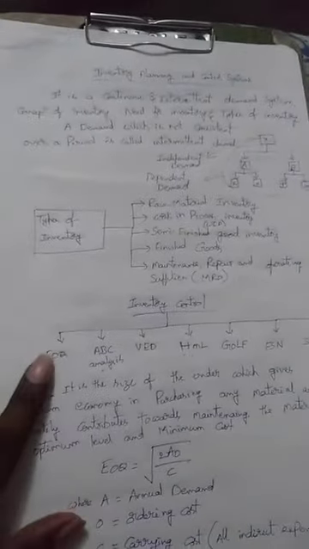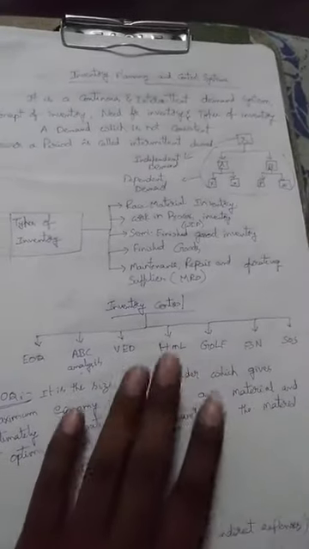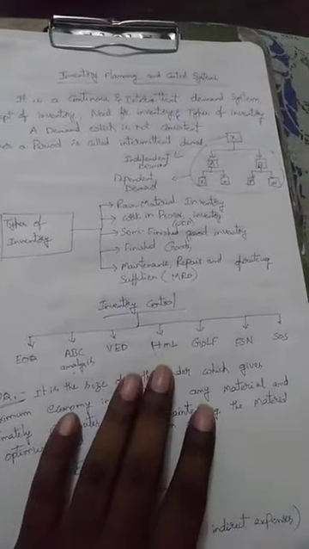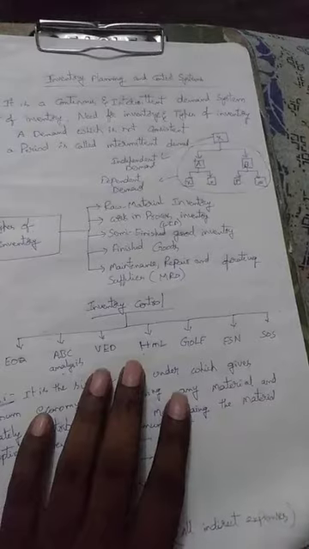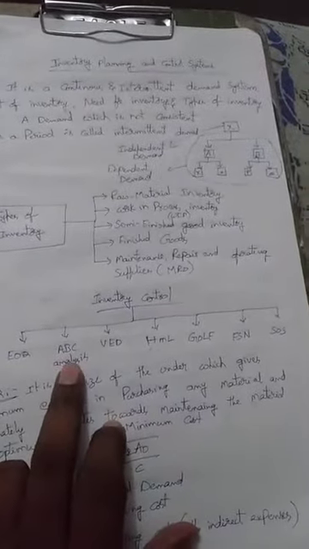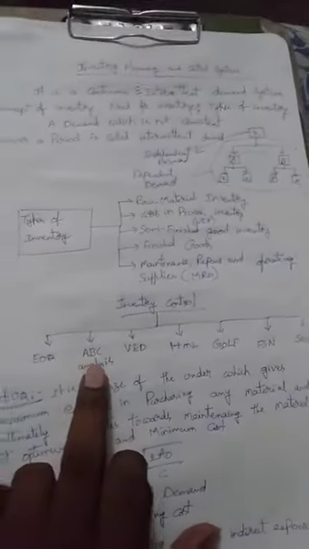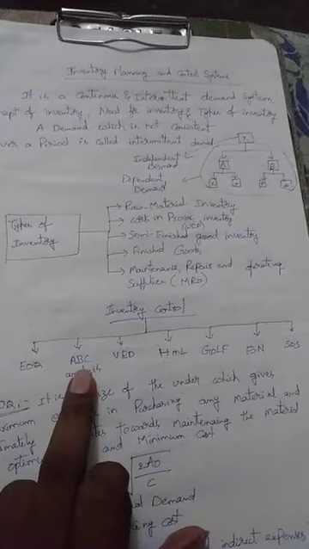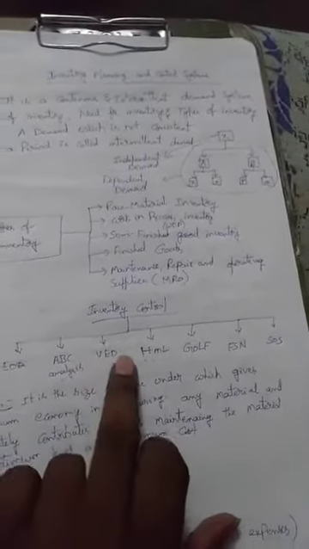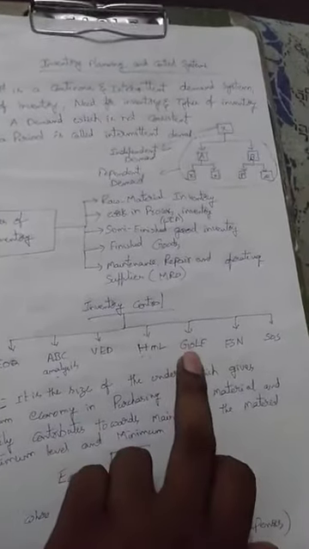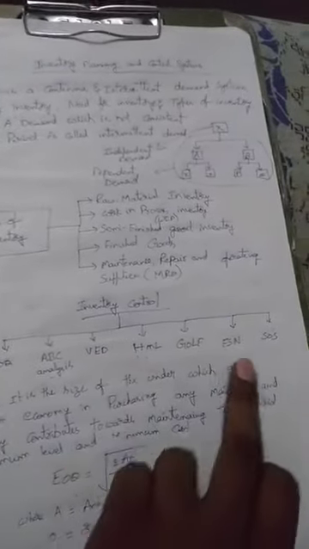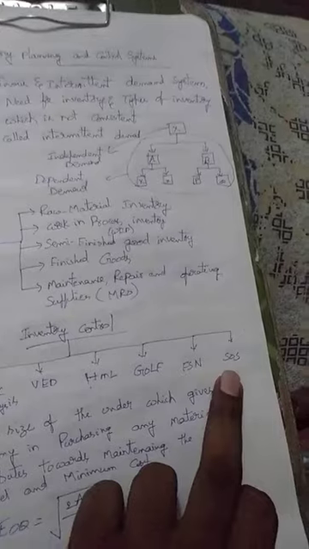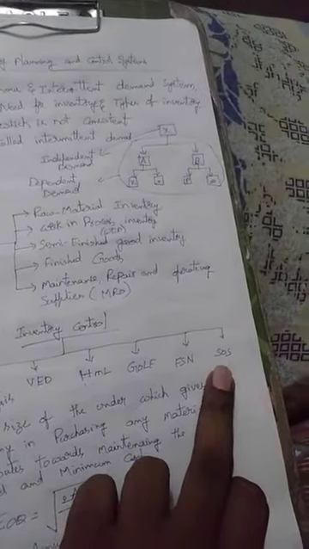Except for EOQ, for the remaining analyses every industry should prefer any particular type, not all types. Maximum priority, 3/4 of the industries, will prefer the ABC analysis. How it works, I would like to explain better in the next topics. Whereas some industries follow GOLF analysis, VED analysis and FSN analysis, and for seasonal products, the food sector industry mainly prefers SOS.